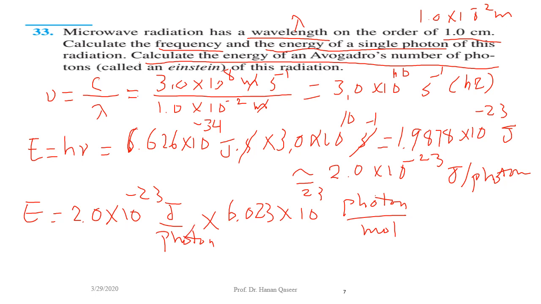Then photons with photons cancel, and this is equal, rounded, to 12 joule per mole.